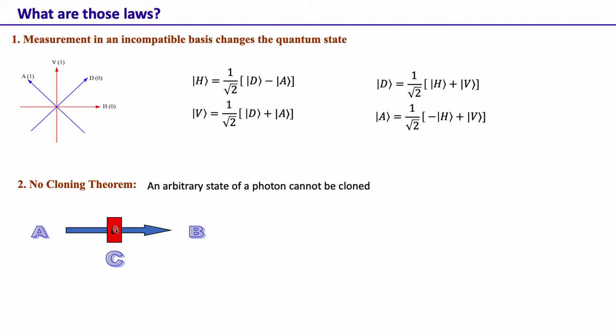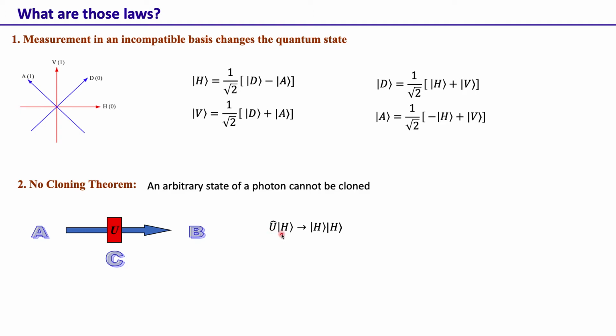If that is possible, then C can keep 1 photon to itself and send the other one to B, and this way C would be able to get all the information being sent by A. But this theorem says that there can be no cloning machine that can do the cloning for an arbitrary quantum state. Okay, so here is how the proof goes.